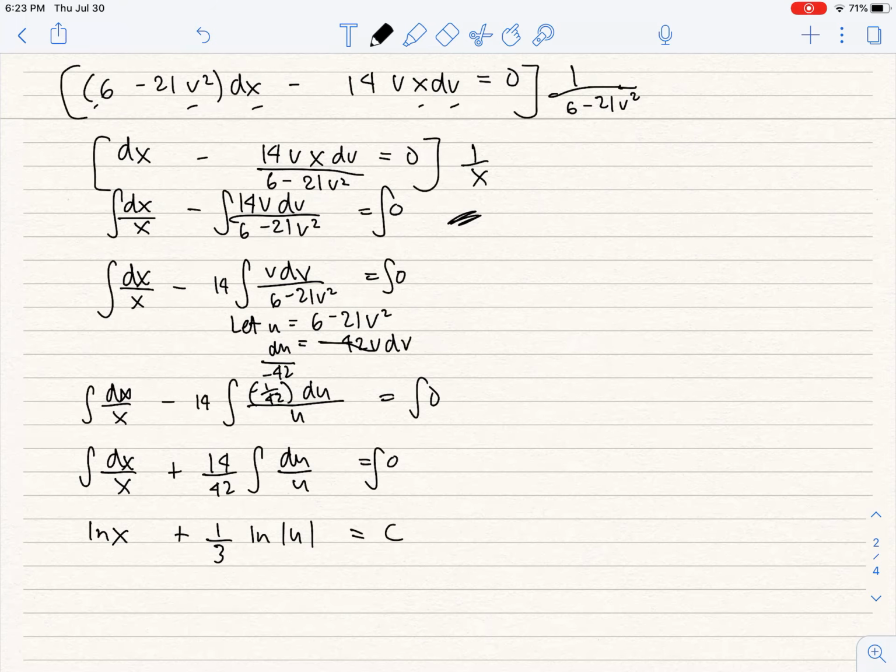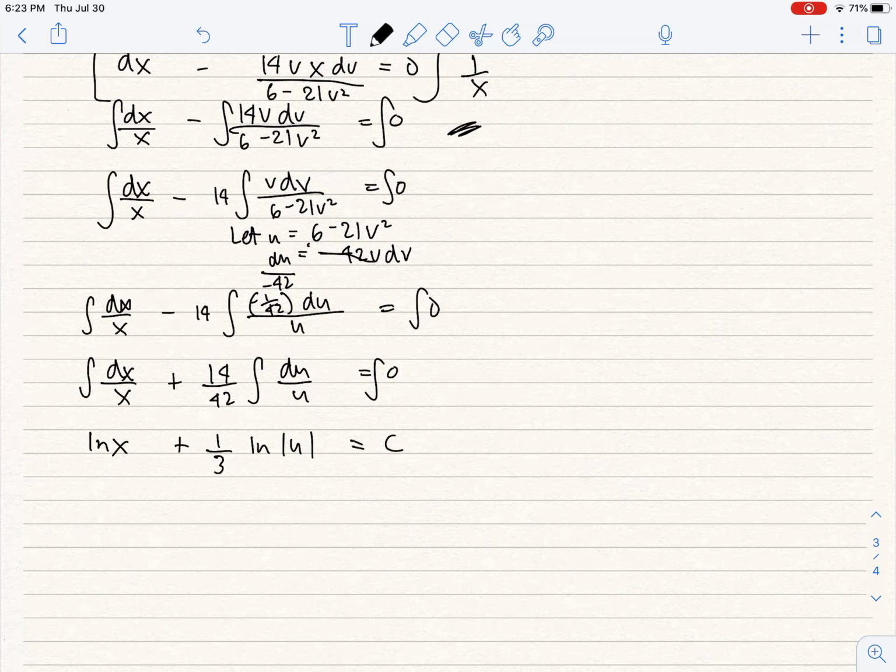Then since the value of u is 6 minus 21v squared, we get ln x plus 1/3 ln of 6 minus 21v squared is equal to c. Now this is in terms of v, so we need to replace it with y.